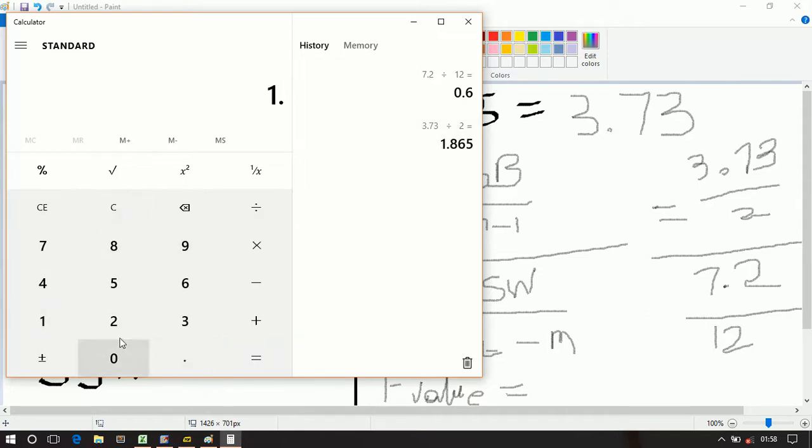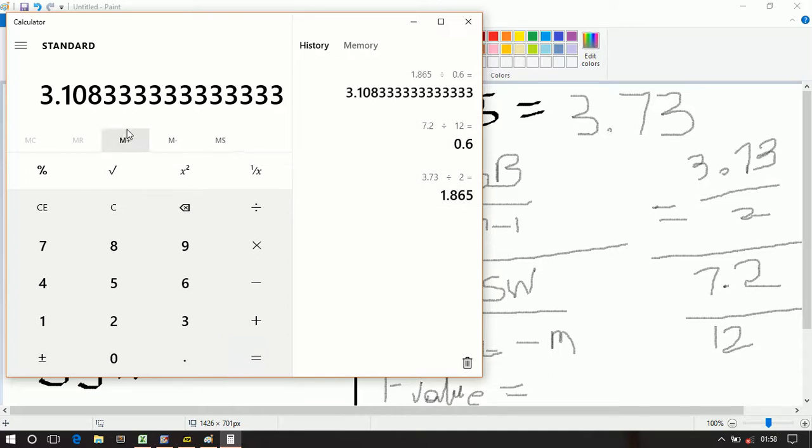So I need to divide 1.865 by 0.6, which is our F statistic, 3.108. Let's take a note in our manual calculation.